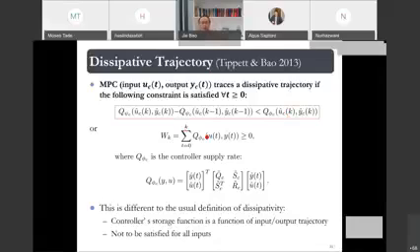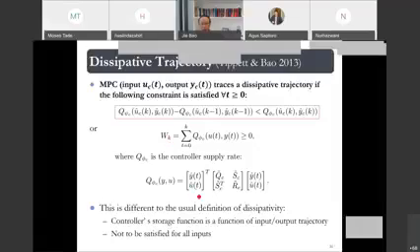But if we assume that we have no knowledge of the storage function of the controller, then this inequality can be reduced to the summation of the supply rate being positive semi-definite. So if we have the supply rate condition, we can determine at any time point whether the MPC controller trajectory is dissipative.